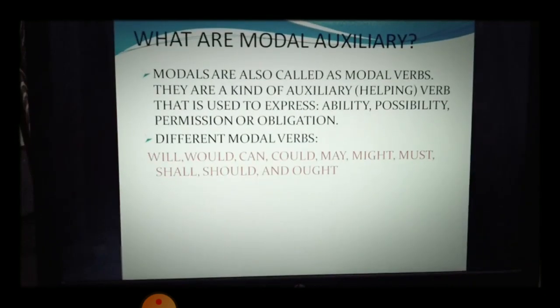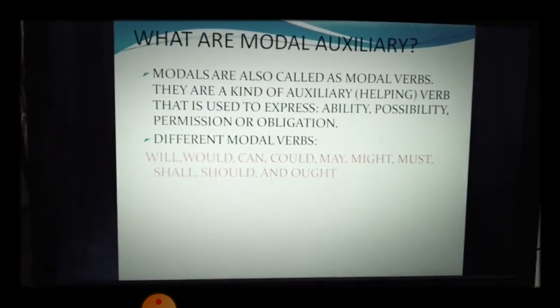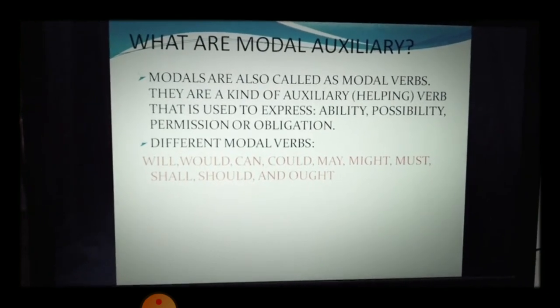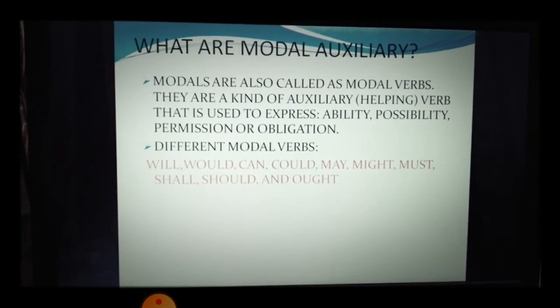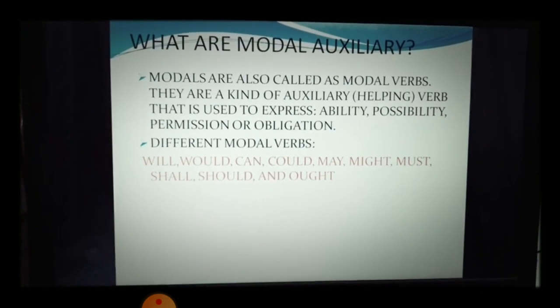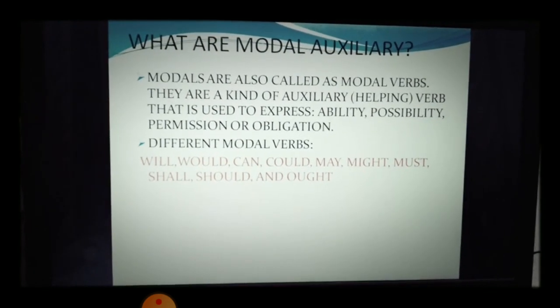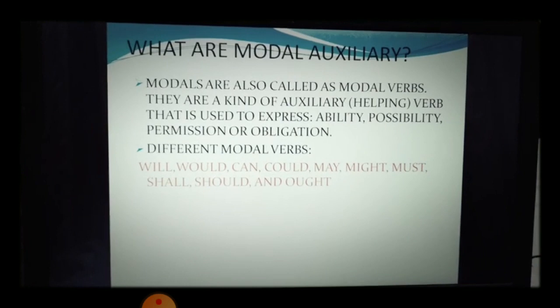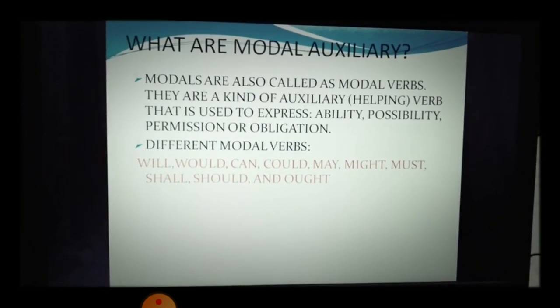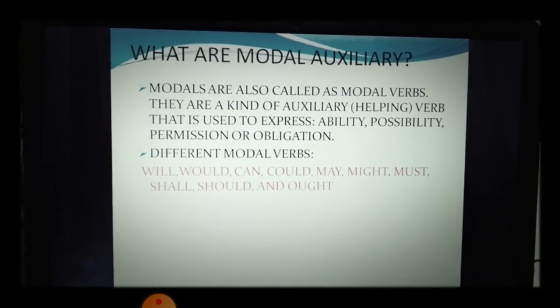Now let us go to what are modal auxiliaries. Modals are also called modal verbs. They are a kind of auxiliary verb that is used to express ability, possibility, permission, or obligation.